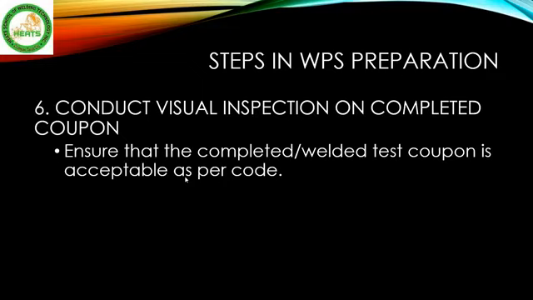Six. After the test coupon has been welded, you need to conduct visual inspection on the completed coupon. You need to ensure that the completed, welded test coupon is acceptable as per code. After the weld is completed, it must be ensured that the visual inspection is acceptable.